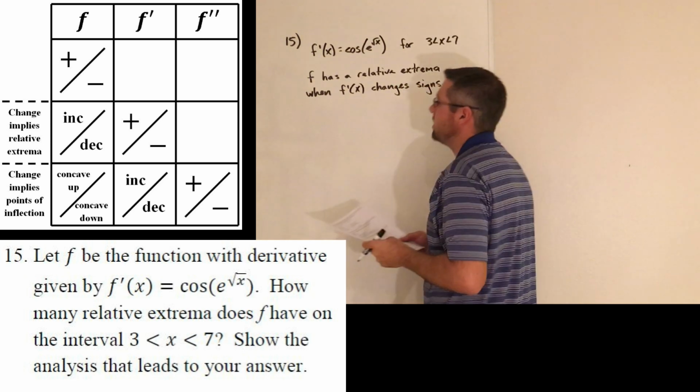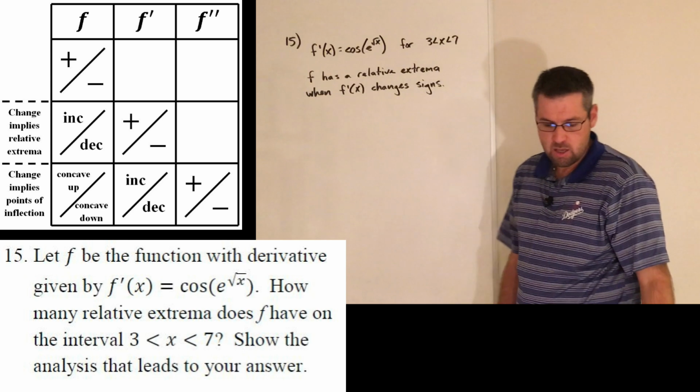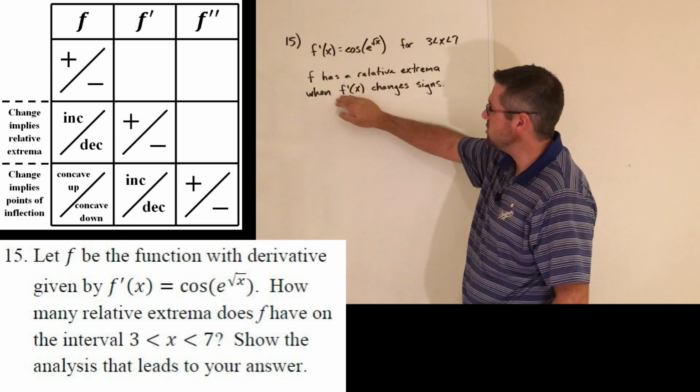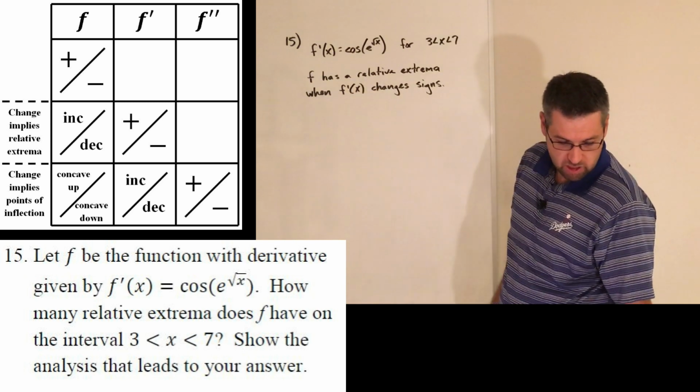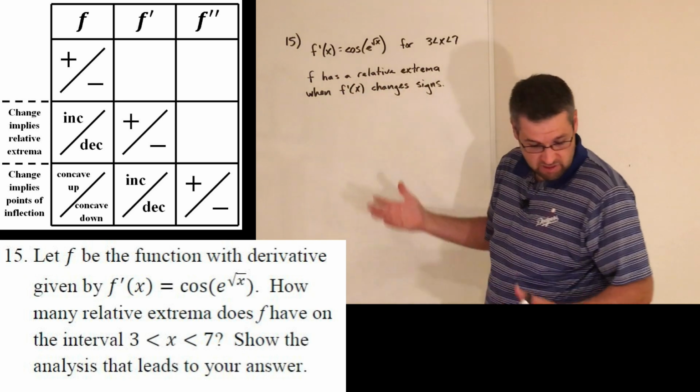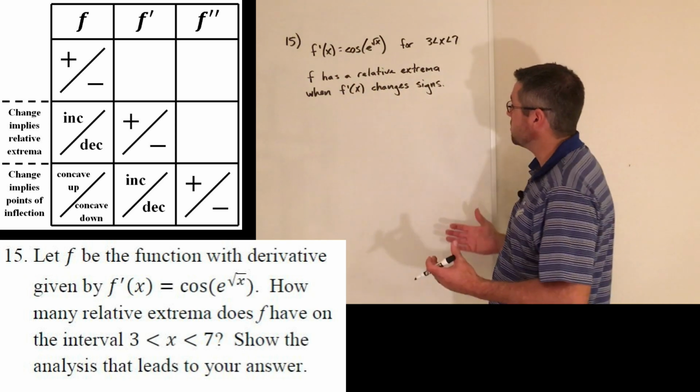Okay, so that's my justification that I'm going to work off of here. So since I was given f prime, I've related my justification to f prime, and now we're simply looking for a change in signs. Well, it gave me f prime, so I don't have to take the derivative. I just need to figure out where it changes signs.